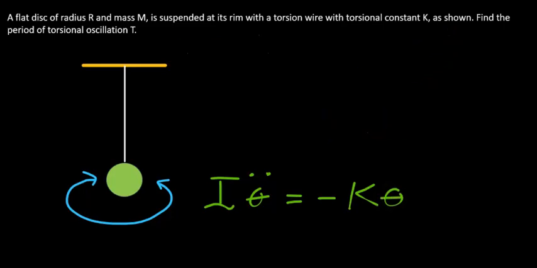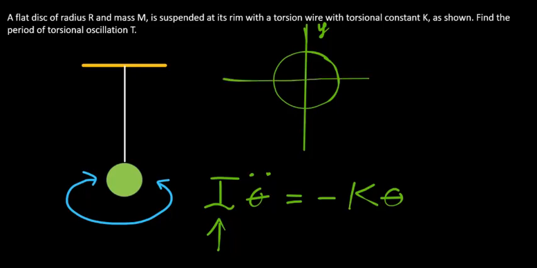Now what we have to do is to calculate the moment of inertia of this flat disk. The moment of inertia that we are interested in is the moment of inertia about that axis. Let's take this axis to be the y-axis, that one to be the x-axis, so the z-axis is coming out of the plane, like that.